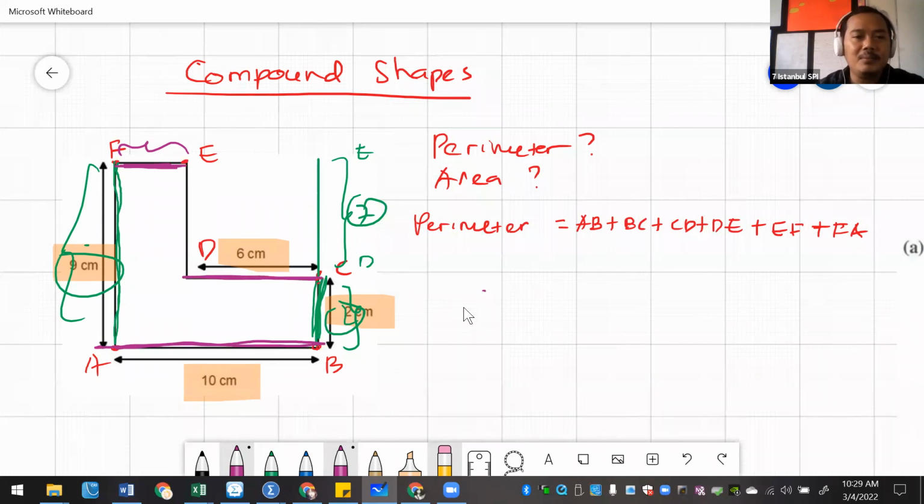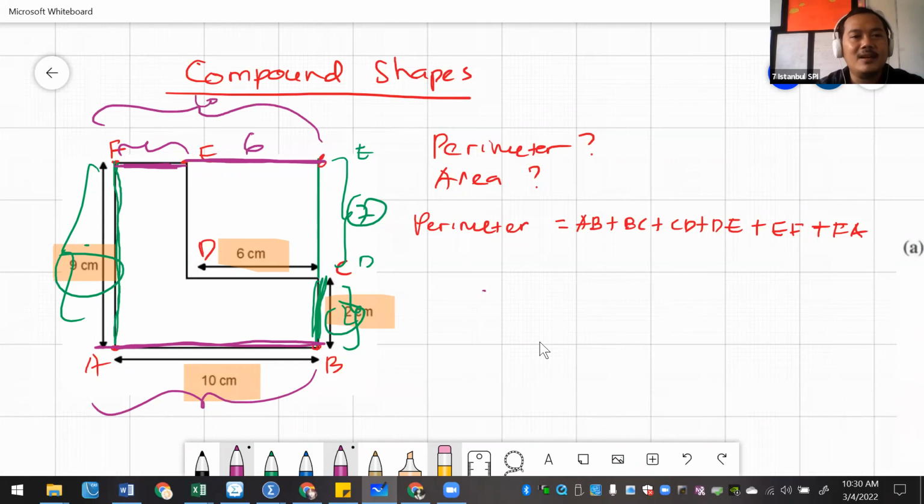Can you see that if I move this, sebentar ya, if I move DC here, ah, there you go. So if I move that there, this is 6, and this is 10. So 6 plus something equals 10, which is 4.